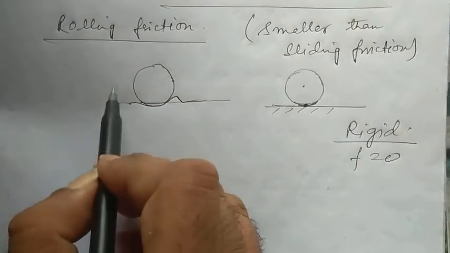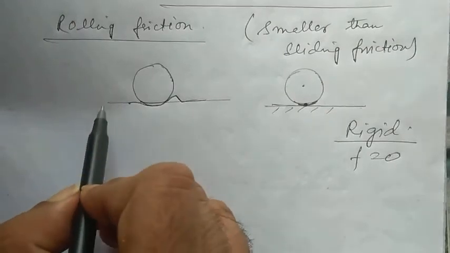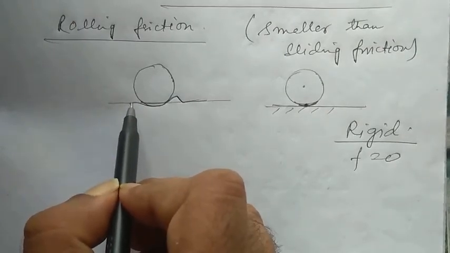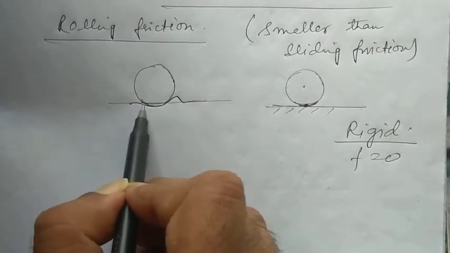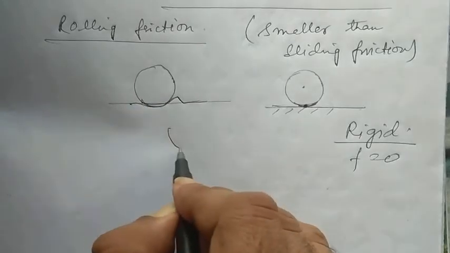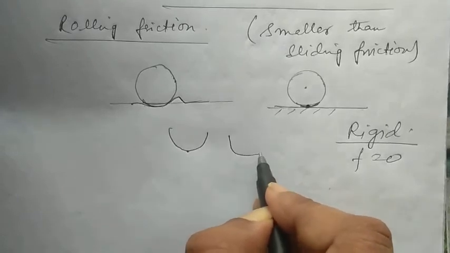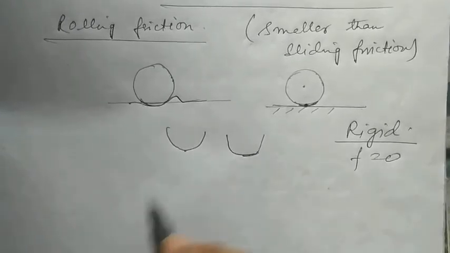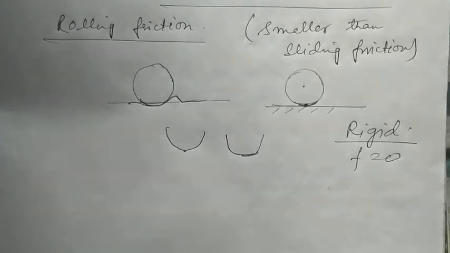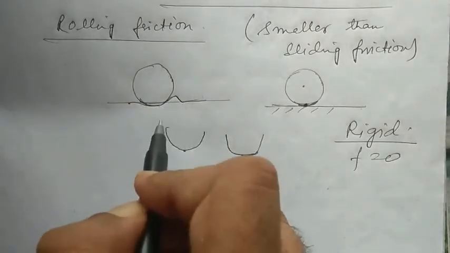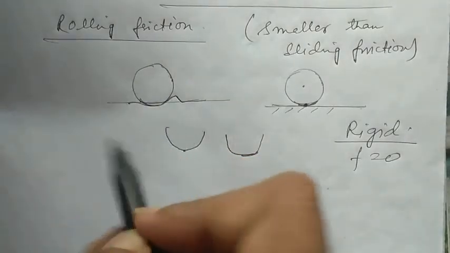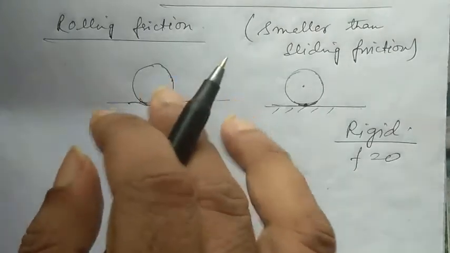So when a wheel rolls on the surface, its motion gets obstructed due to the deformation of the wheel. This is the deformation of the wheel. The wheel should be like this, but the wheel becomes slightly deflated here. This is due to the deformation of the wheel or the surface, or both at the point of contact or at the plane of contact.